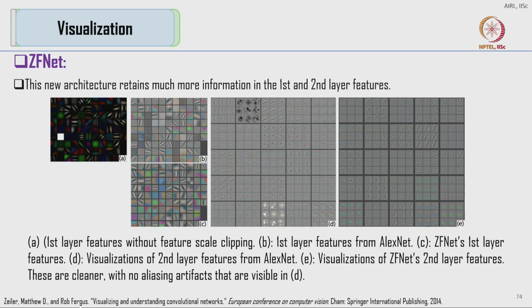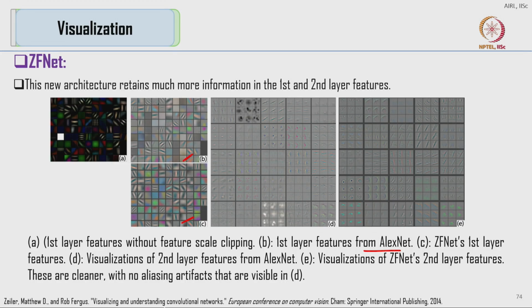Now these are some of the observations that ZFnet made, which is some of the observations we have seen earlier as well. So the B figure highlights the first layer features from AlexNet, and corresponding to that we can see that the C figure highlights the same features in ZFnet, right.